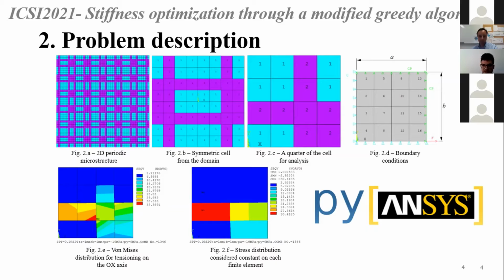You can see that it's made up of 16 finite elements, and we constrain the x equals 0 line and the y equals 0, and coupled the other two lines. So we could apply forces or introduce displacements.